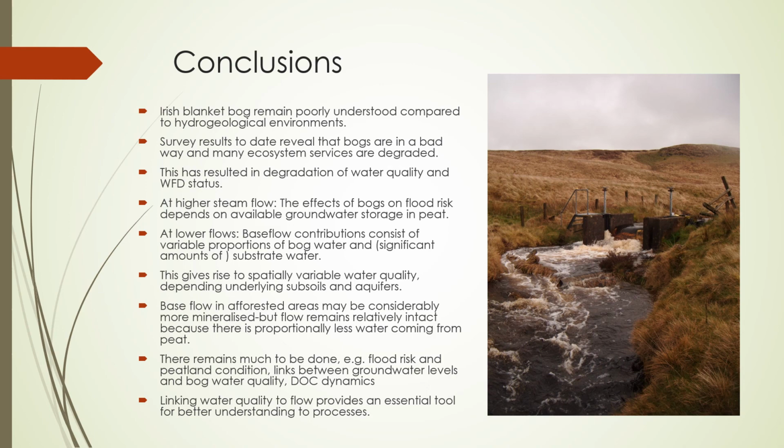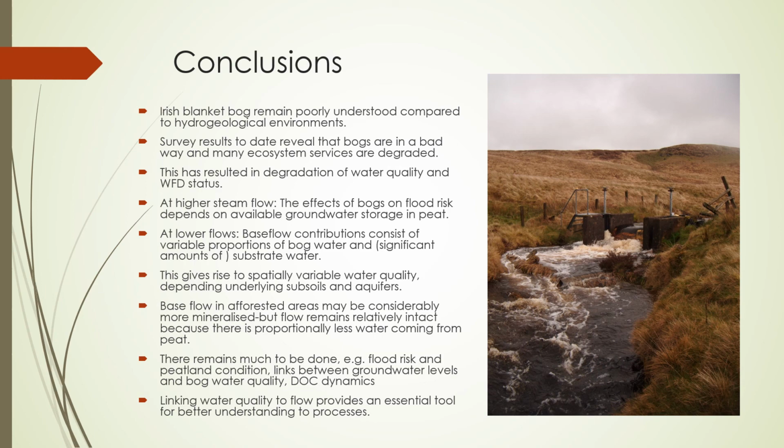This can include degradation of water quality and also affecting Water Framework Directive status, but it can also affect flow regime. And the capacity of bogs to act as sponges is somewhat questionable, and depends quite intimately on the available groundwater storage in peat.